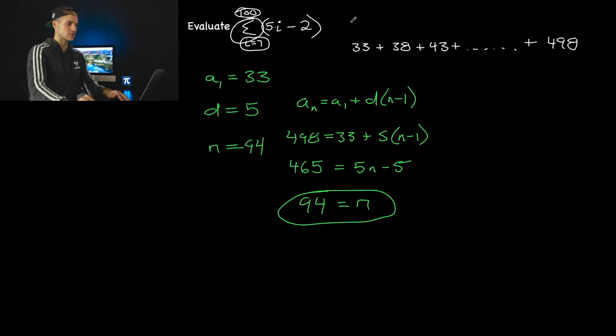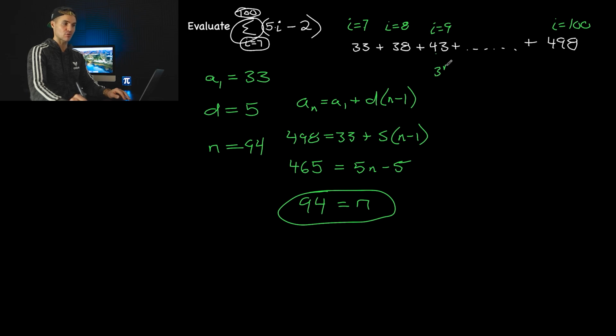You could also look at the pattern. This is when i is equal to 7, this is when i is equal to 8, and this is when i is 100. Notice that 43 is the third term. If I take 9 minus 7, that gives me 2, but because i equals 7 is represented by the 33, we add 1 to the difference in order to get the term number.